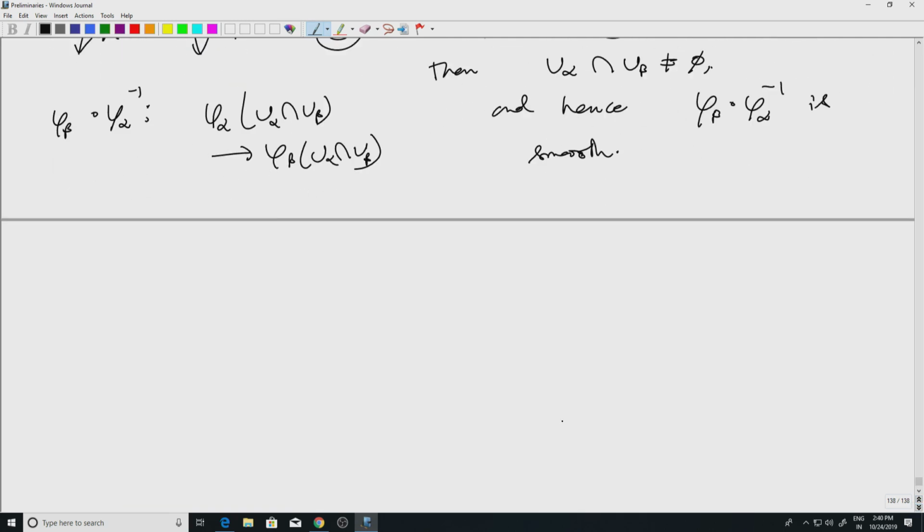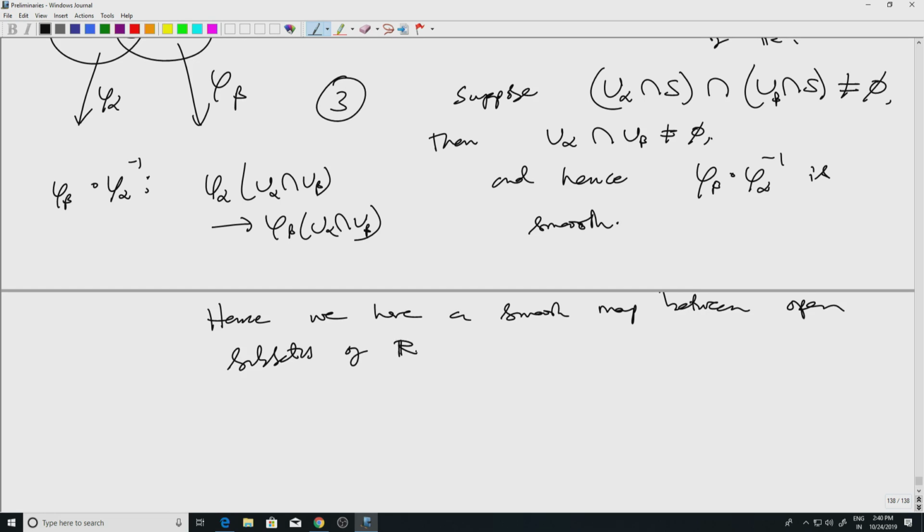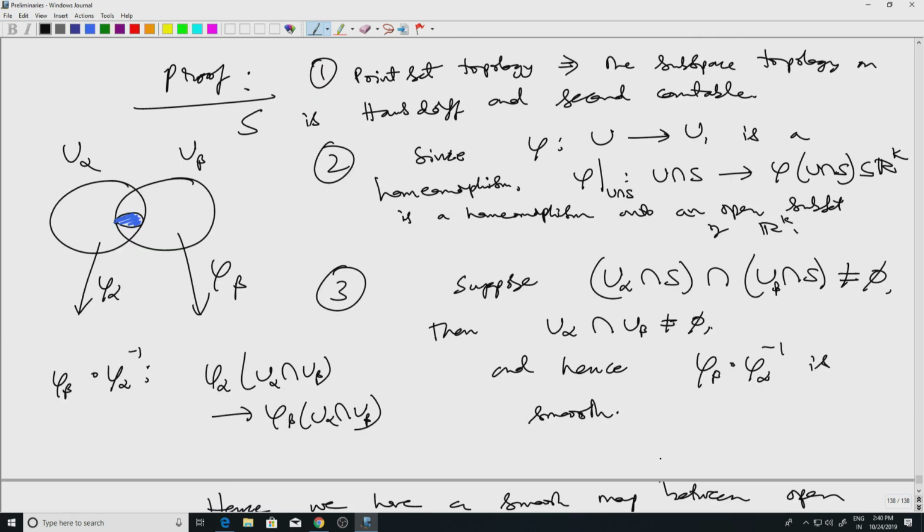So what we have is a smooth map between open subsets of R^n, and what do we want to know?